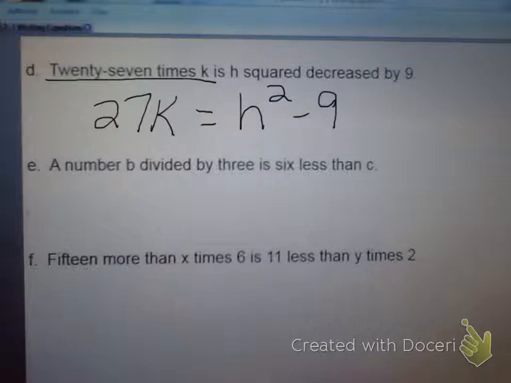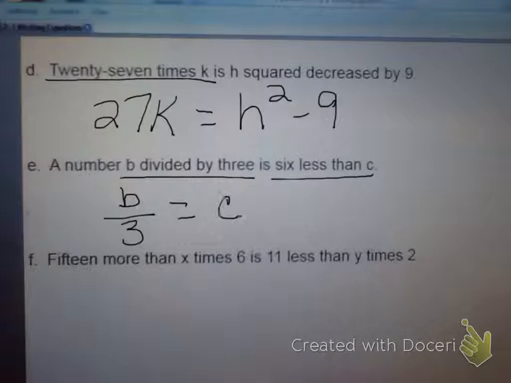Example E, a number b divided by 3 is 6 less than c. A number b divided by 3 is 6 less than c. So that's c minus 6.